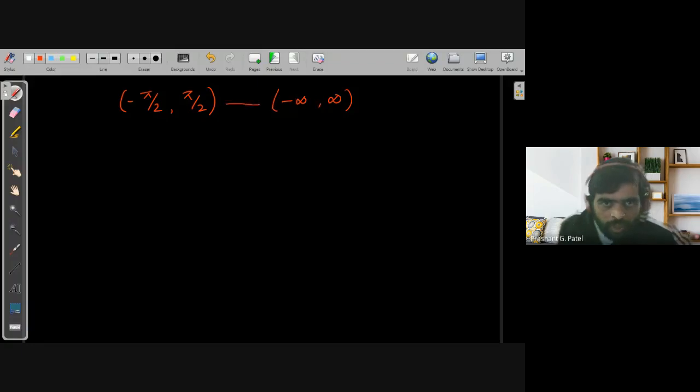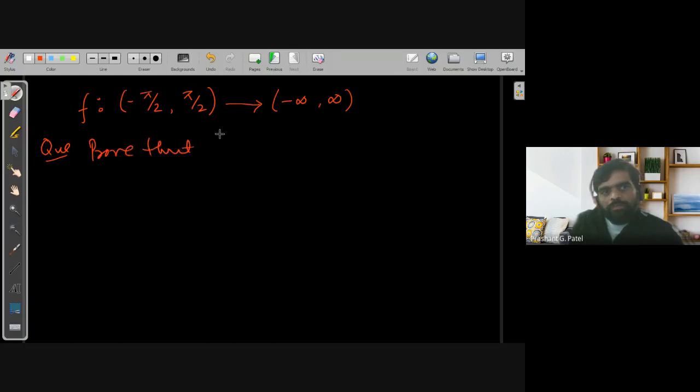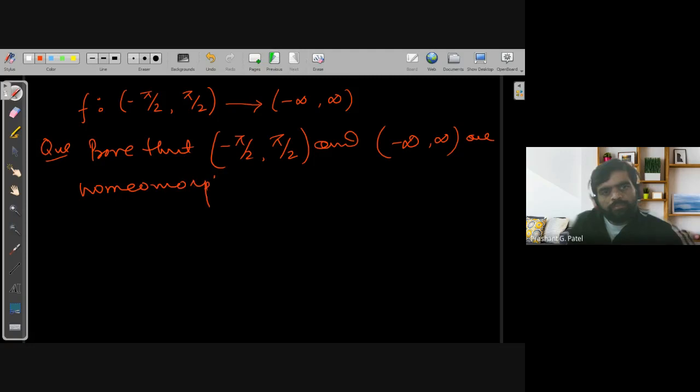So can you have a map which is 1-1 and onto from this space to this space? Or I can say the question is: prove that this interval and this real line are homeomorphic spaces.